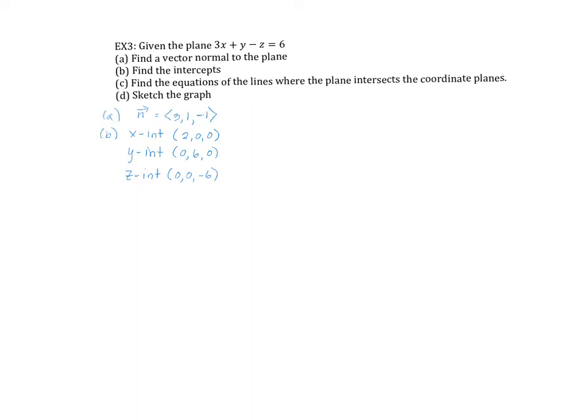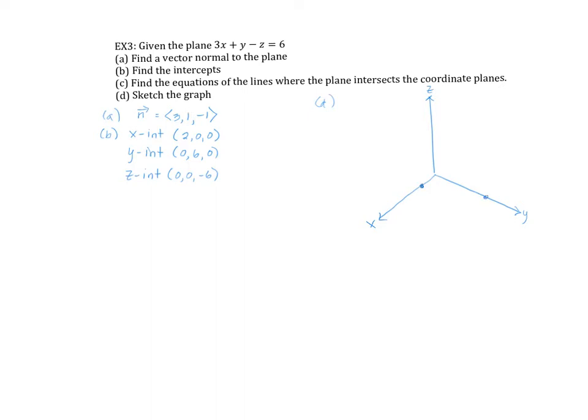Part C is find the equation of the lines where the plane intersects the coordinate planes. Okay. So first of all, let me go ahead and do part D. I'm actually going to sketch the graph right now because I have my intercepts. It might be easier to see what C is talking about, part C. So we have 2. I'm going to pretend like this is 2.